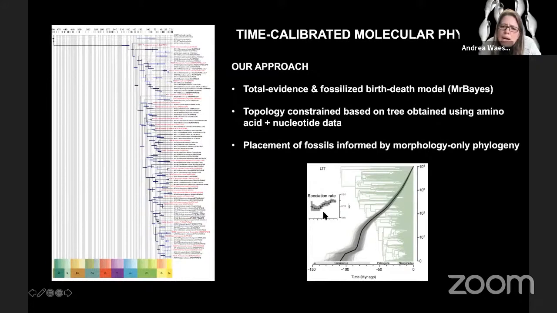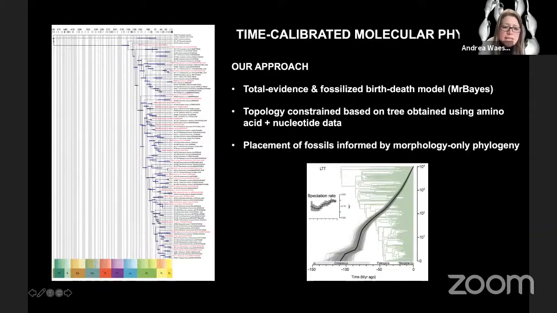So our approach is to incorporate the fossils into the phylogeny as terminals. So this is like an intermediate time-calibrated phylogeny that we produced. So in red, we have our fossil taxa, which were included using the morphological matrix.